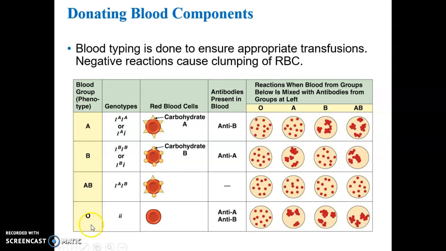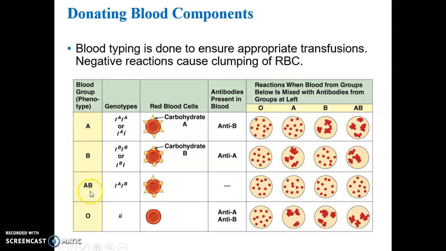You are one of these blood types based on your genetics, based on your blood genotypes that you inherited from your parents. So if you're blood type A, your red blood cells have a surface molecule A. If you're blood type B, your red blood cells have a surface molecule called B, or carbohydrate B. If you're blood type AB, you have both.